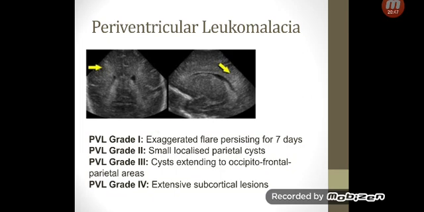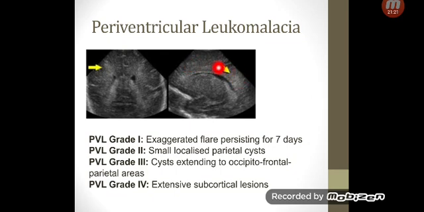But if it's exaggerated, like it's brighter than the choroid plexus, then it might be PVL grade 1. We say it might be, but it is PVL grade 1 if it persists being highly echogenic for more than 7 days. So a PVL grade 1 is an exaggerated flare for more than 7 days here, or an exaggerated flare than normal in any of the other areas for more than 7 days.